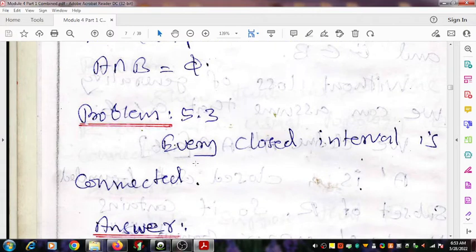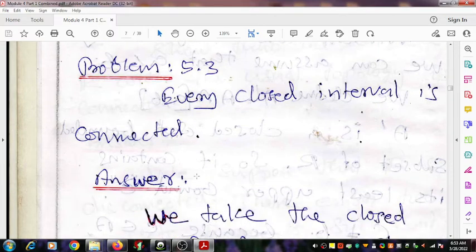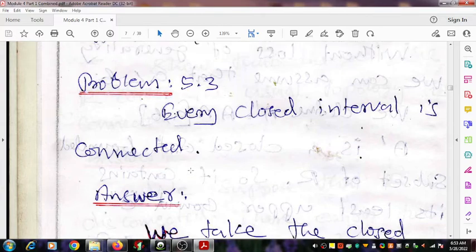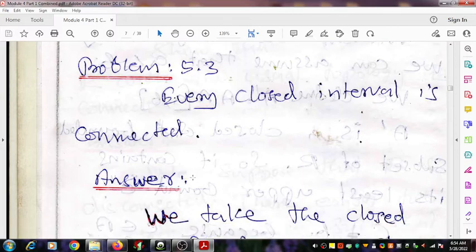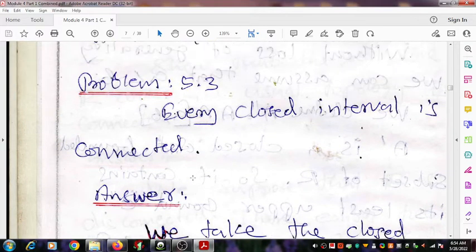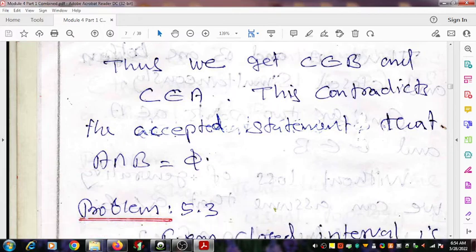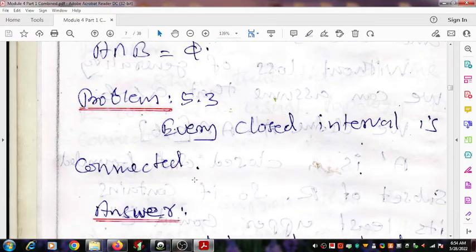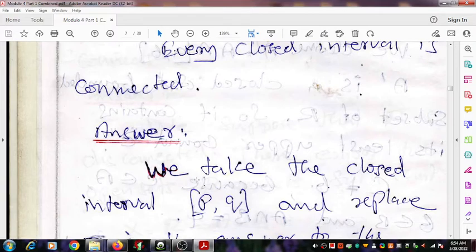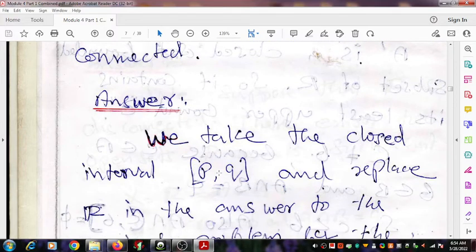And in the next problem, we want to show that every closed interval is connected. Every closed subinterval of the real line is connected. We can prove the connectedness of a closed interval using the same steps, by substituting R by the closed interval [p,q].